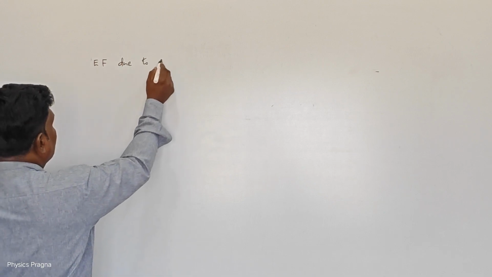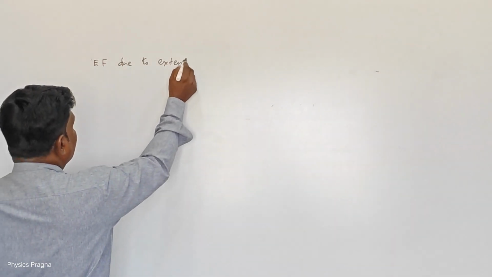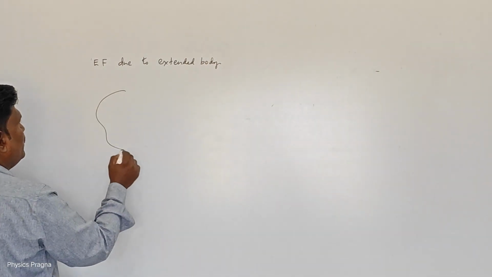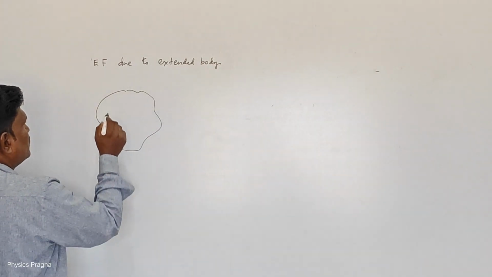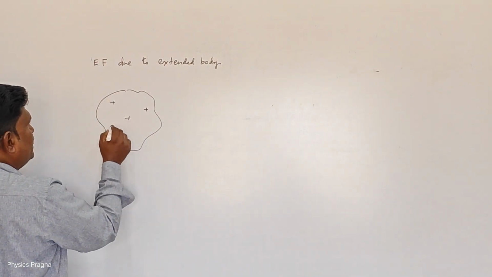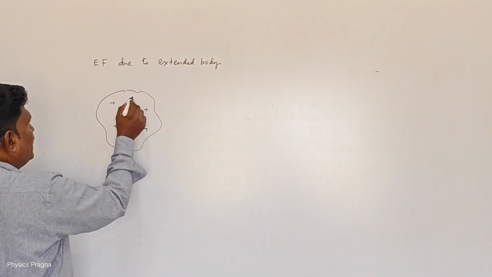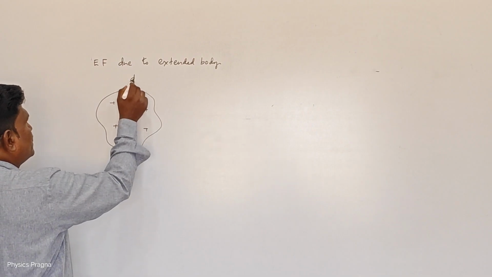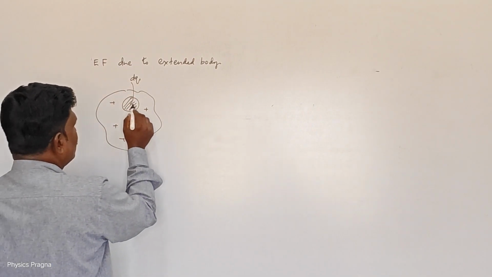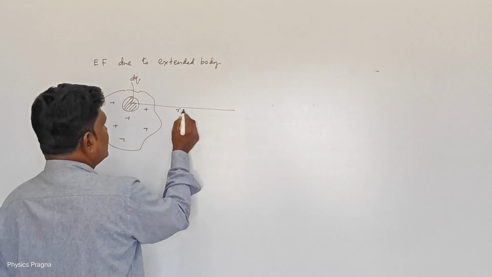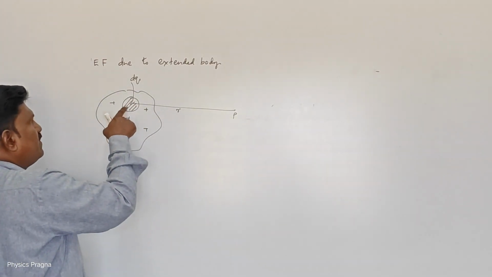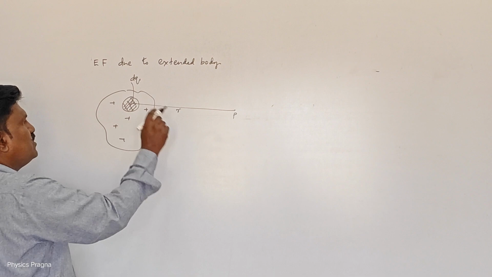Electric field due to an extended body. So we have a big body here. Many charges are there on it. So I have taken a small area, where a small charge is there. From that, at r distance, point P, the electric field. See, the electric field is because of the small charge.